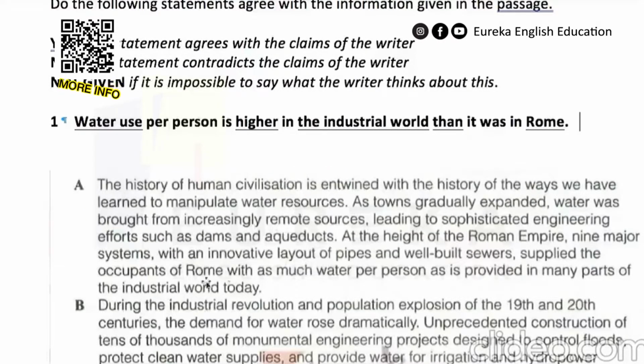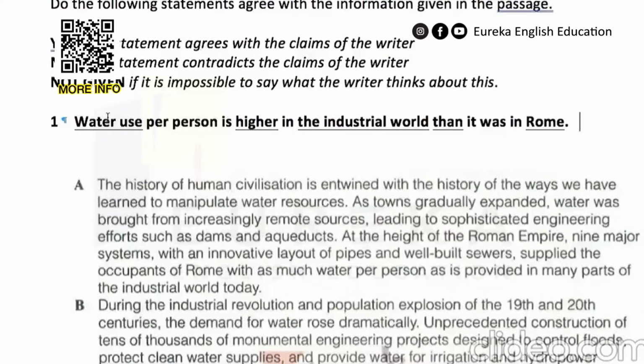Water use per person, and then industrial world. There is the phrase industrial world here, and then Rome. You can see Rome here also. So I think most likely the information in the question could be found in this sentence.